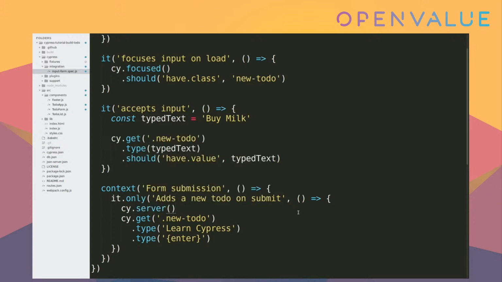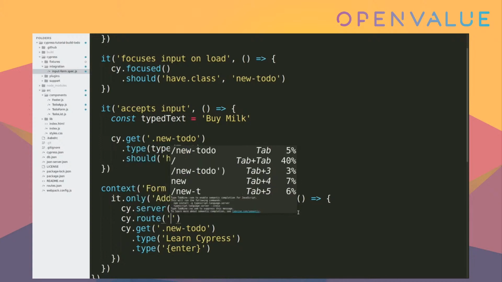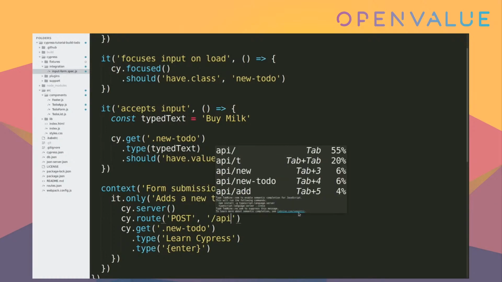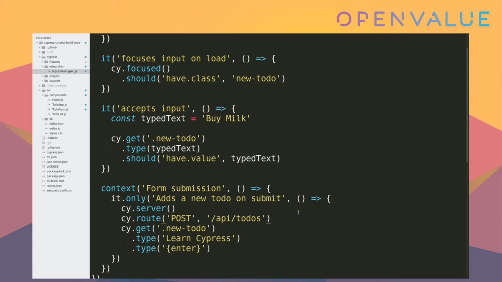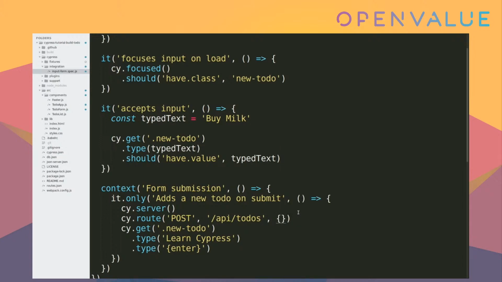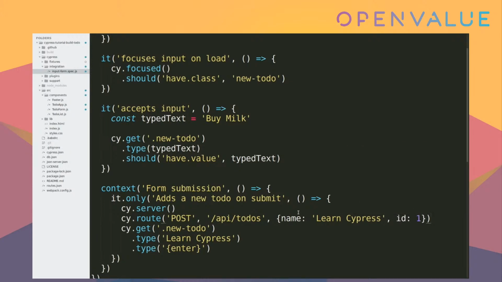For that, we can use Cypress server, and then we create a route for the backend call. We're expecting a post to /api/todos. And then we want to stub the result. So what we're going to return is the name learn Cypress, and it has to have an ID as well. Let's give it 1.